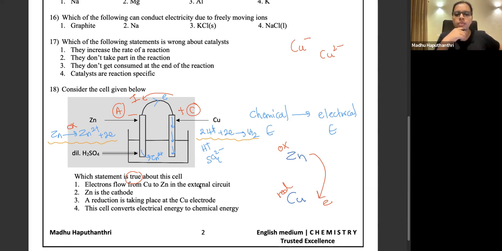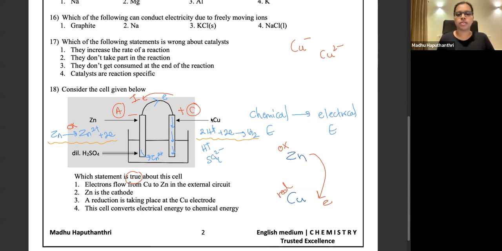Another question: why didn't copper receive electrons? Because it's copper 2 plus? No, this is not copper 2 plus. This is elemental copper, the copper rod. If you had copper 2 plus in the solution, we would have considered it, but it's not copper 2 plus here.